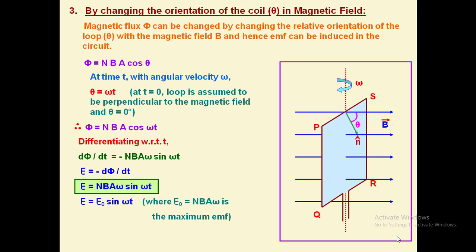So the total expression will become d phi by dt equal to minus NBA omega sin omega t. Now as E equal to minus d phi by dt, if you substitute the value of d phi by dt in this expression, you are going to have NBA omega sin omega t. Now here this NBA omega is called E naught, which is the maximum EMF.